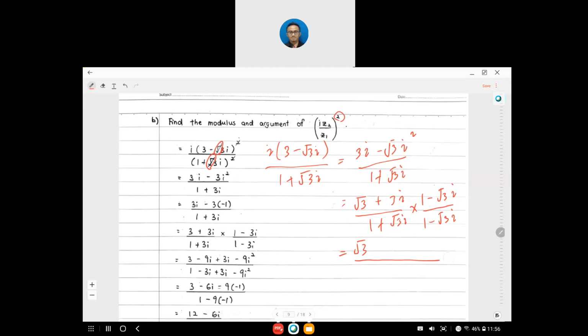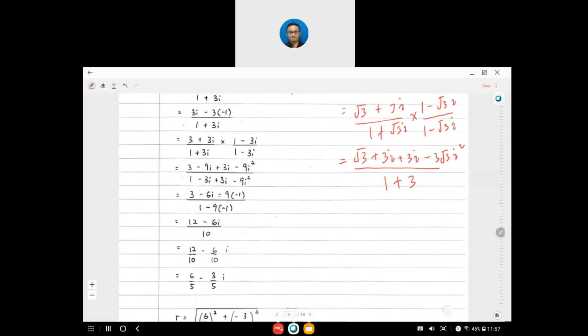Okay, and then 3 times by 3 you can get 9. Okay, and then, sorry, plus 3i minus 9i squared divided by 1 plus 9.